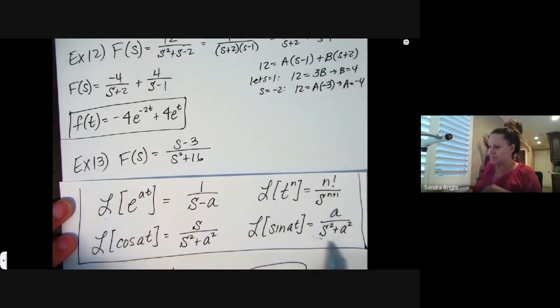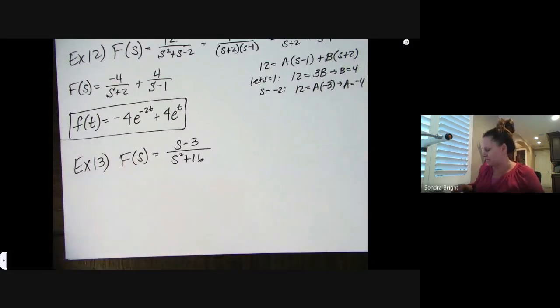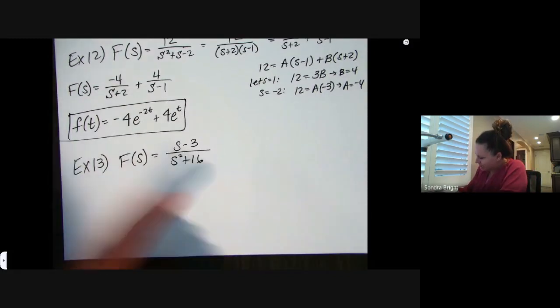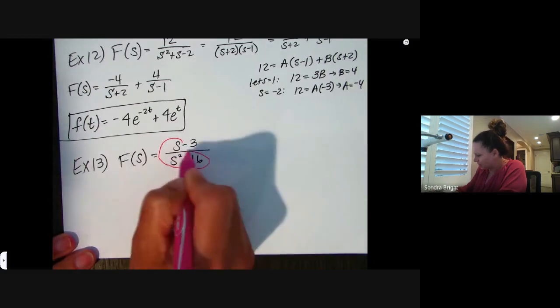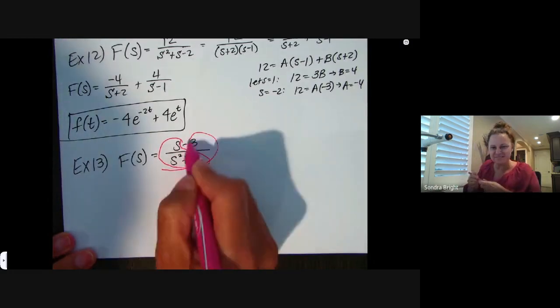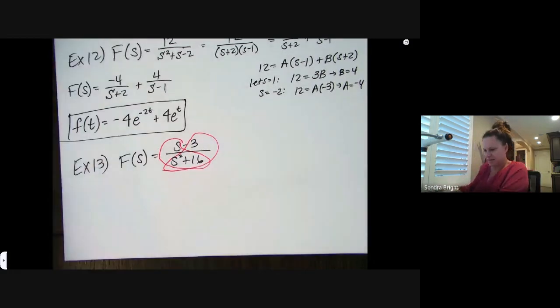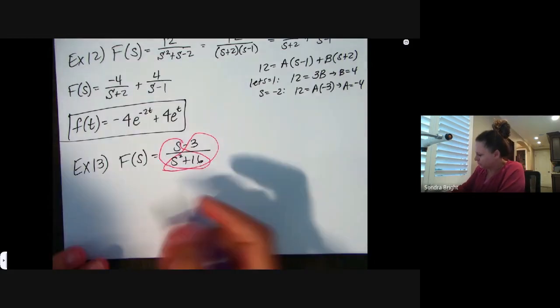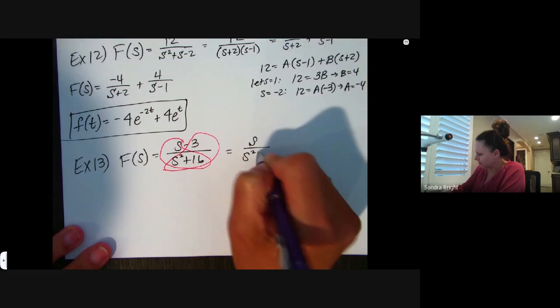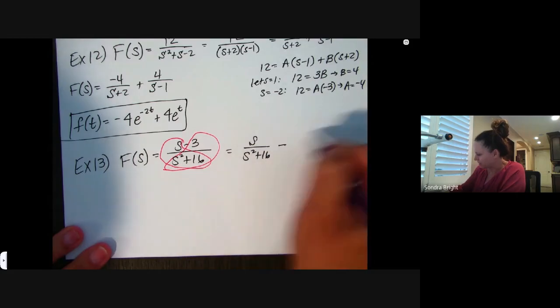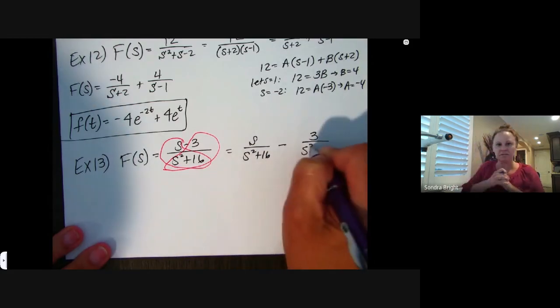What you can do is separate this. Hopefully you remember that. This is equal to s over s squared plus 16 minus 3 over s squared plus 16.